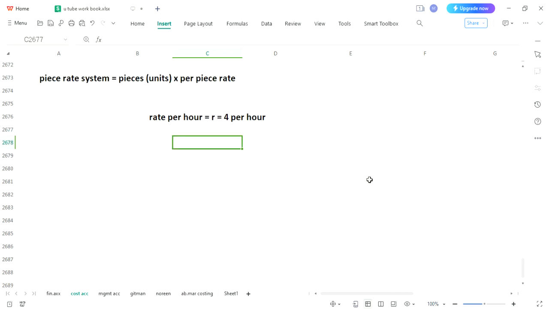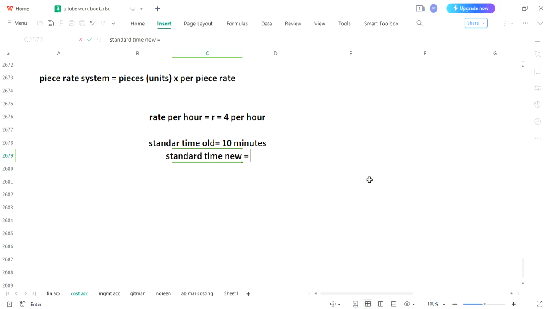Alright, so standard time old was 10 minutes and standard time new is given as a 30% increase. How would you do that? We have 10 minutes already and 30% extra. You will multiply 10 minutes with 30%, with which you will get your new standard time.